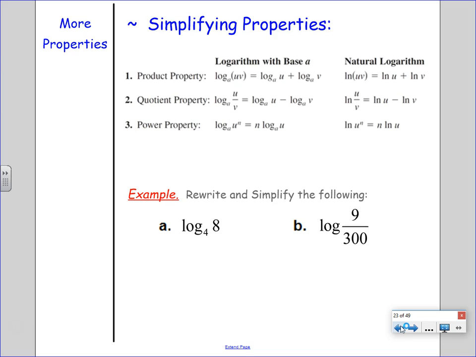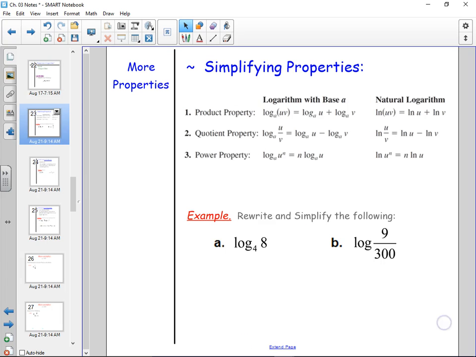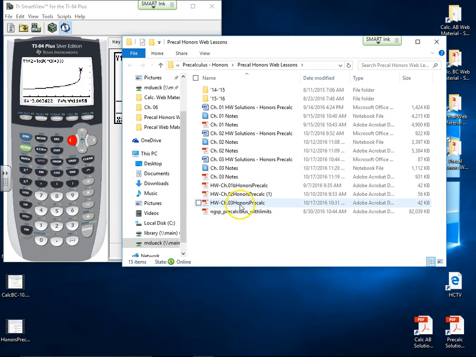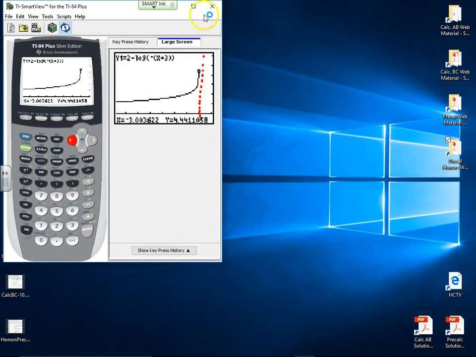Sound good? I'm going to show you the homework for 3-2. Some of you might have already written it in your spiral, and some haven't, so you can be ready to bust out homework tonight. How many pages is it? It's a lot, but they're kind of shorter.